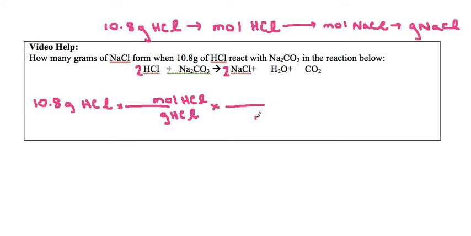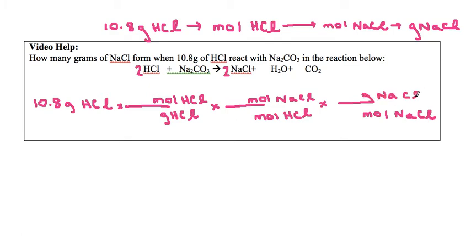You're going to put moles of HCl on bottom to get rid of them. And now you're trying to get into moles of NaCl because I'm eventually going to want to get into grams of NaCl. Okay. Now one more crisscross swoosh. Now I can finally get into grams of NaCl. So moles on bottom of NaCl, and grams of NaCl up top.